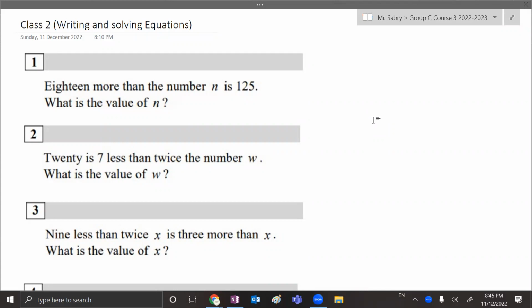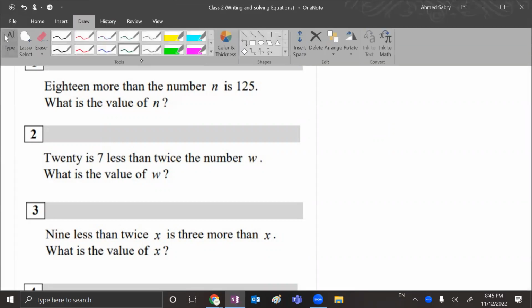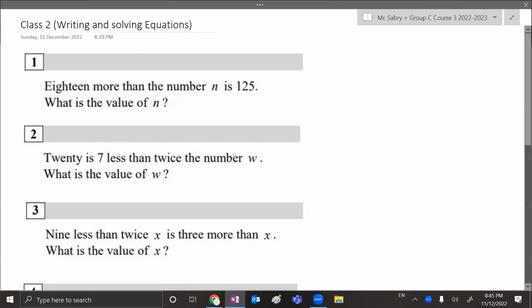So as I said, last time we started translating, and now we're translating and solving equations. When they say something like 18 more than the number n is 125, that could be easily translated. 18 more than means something plus 18, so n plus 18 represents it here, equal to 125.